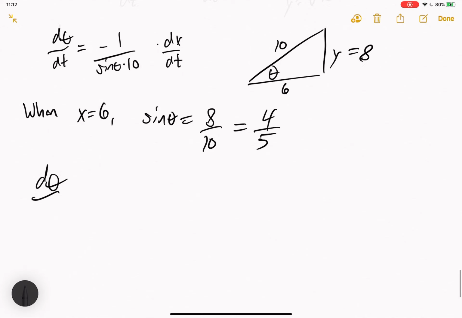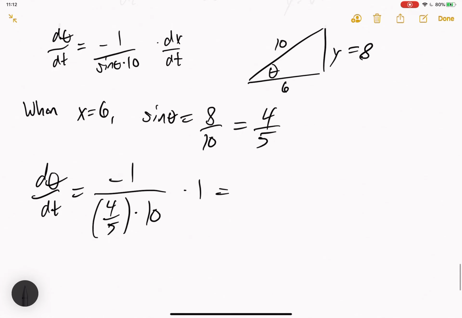You get d theta dt equal to negative 1 over 4/5 times 10 times, remember dx dt was 1 foot per second, so times 1. That's just going to be equal to negative 1 divided by 4 times 10 divided by 5. 10 divided by 5 is 2. 4 times 2 is 8, so negative 1 over 8.